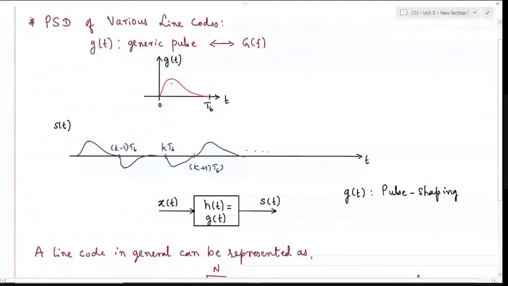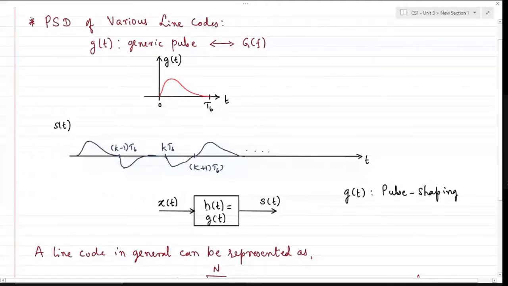So h of t, as I've written here, is nothing but g of t, which is a kind of filter. This is a modulator which takes the information signal, convolves it with this response, and gives the output in the form of a continuous time domain signal again. This x of t is basically, as I told, in a binary format, so it will give you a stream of ones and zeros.